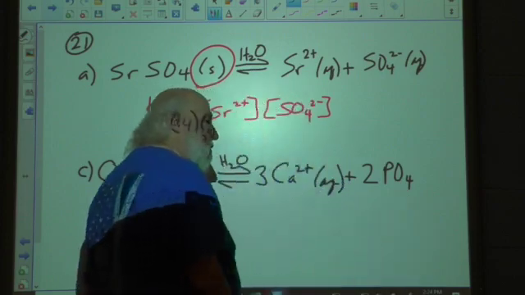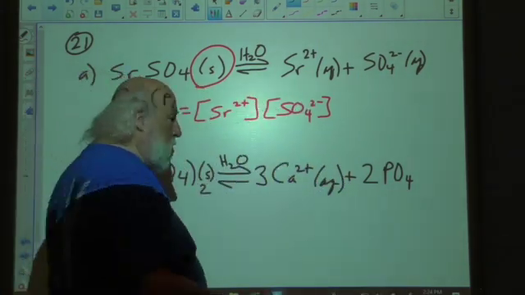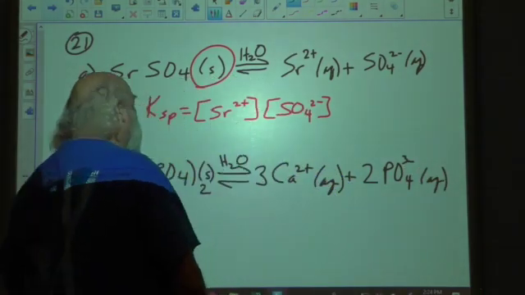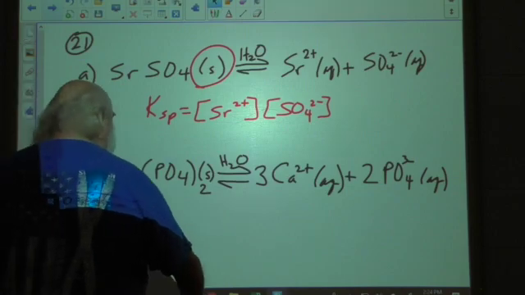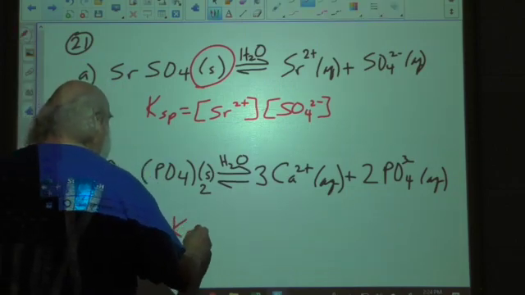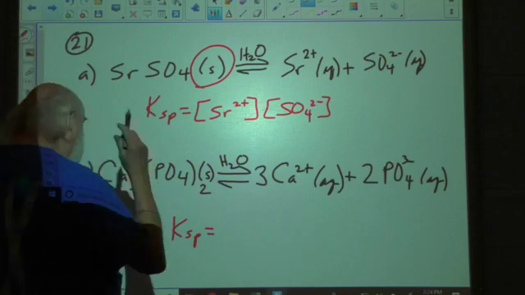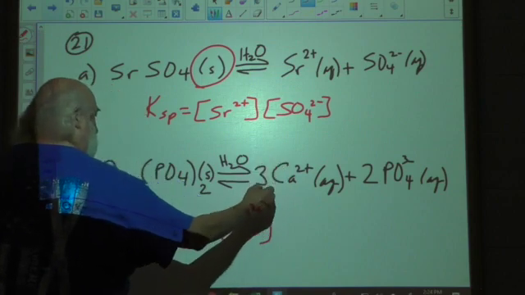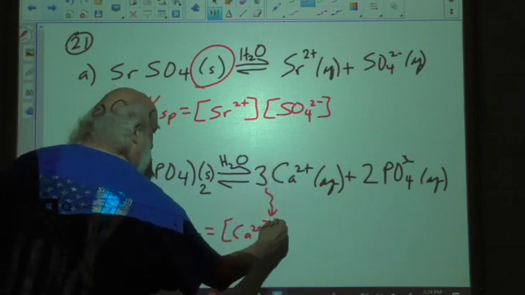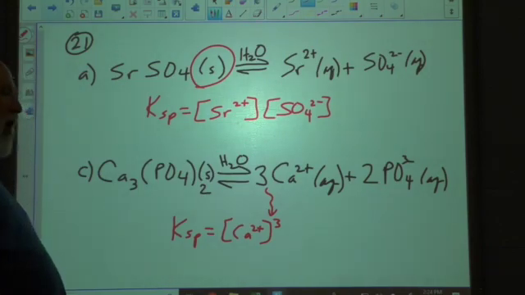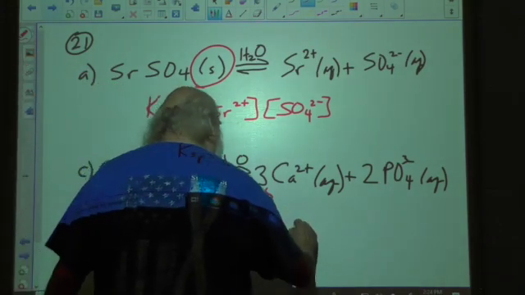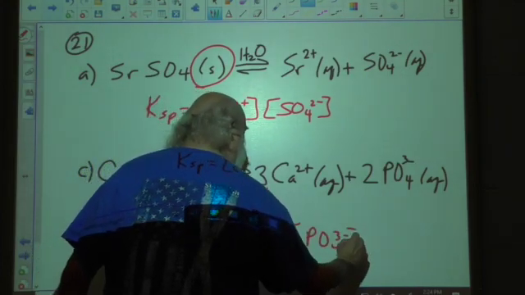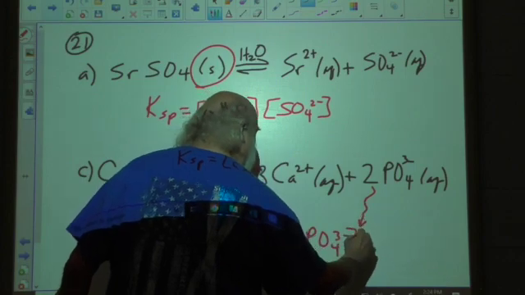You find the charge of that in the polyatomic ion chart as a charge of -3, or 3 negative, and that'll be aqueous. Now, to write the Ksp expression for this, it's going to be the concentration of calcium 2 positive, cubed, because this coefficient becomes an exponent, times the concentration of PO4 3 negative, squared, because this coefficient becomes an exponent.